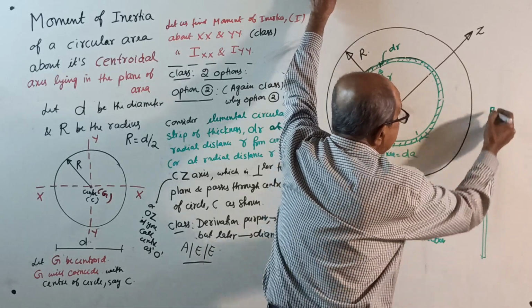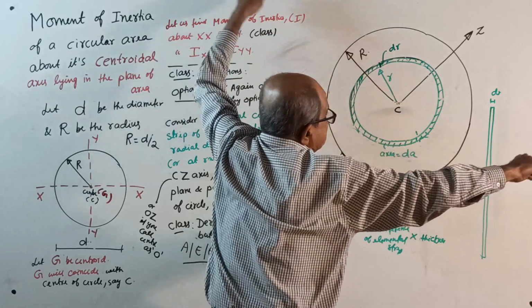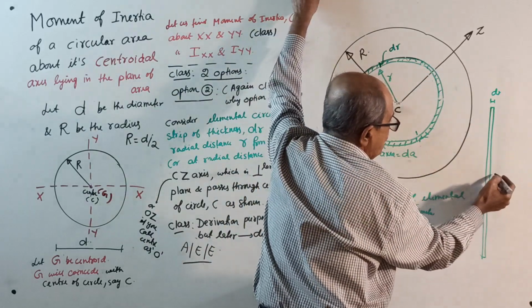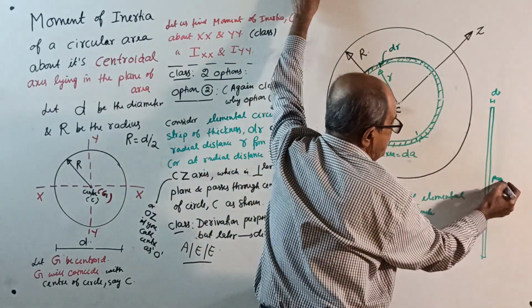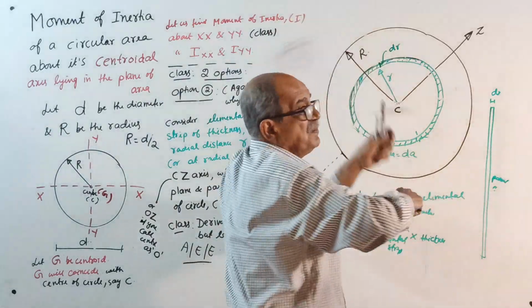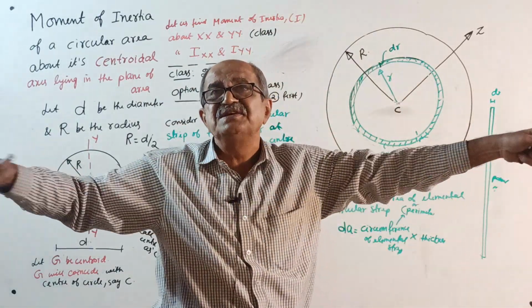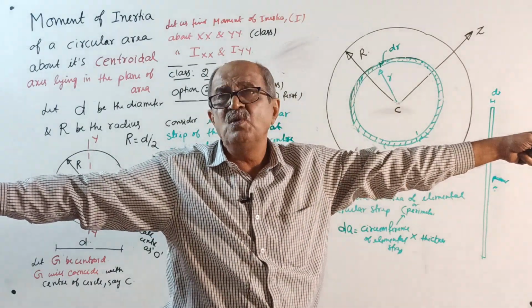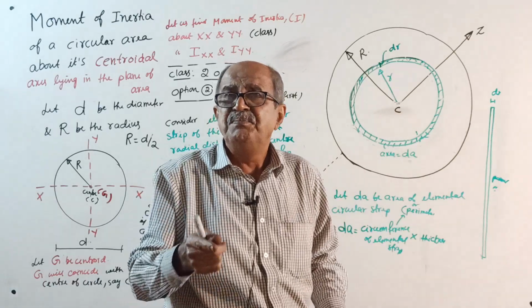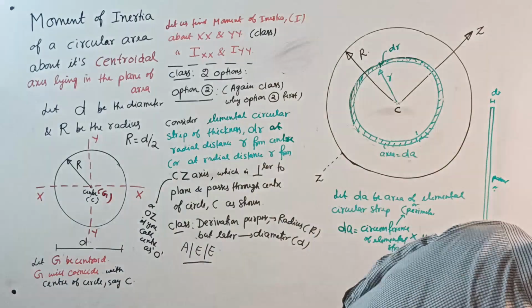The thickness is dr, and this total length will be equal to the perimeter, or whatever is the circumference here. Suppose a circular rope is there. You cut and stretch it, what will happen? The length of the rope will become the circumference of a circle. That much common sense is required for engineers.